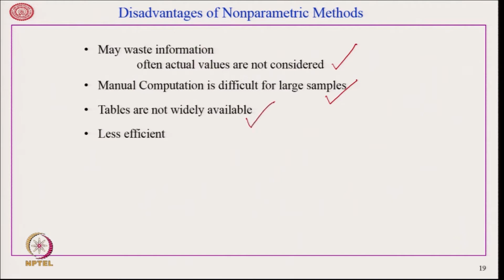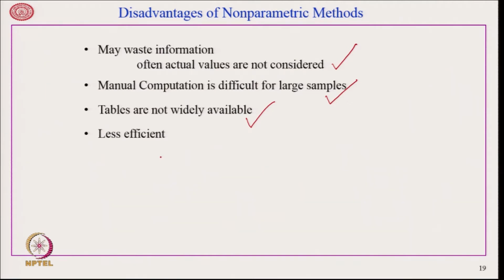Tables are not widely available, say the normal table, chi-square table, T, F, all these distribution tables, which all those who are familiar with parametric inference know very well. Similar tables are there with respect to many non-parametric techniques, but those tables are less freely available. As we go through the series of lectures, I will refer to many different tables.